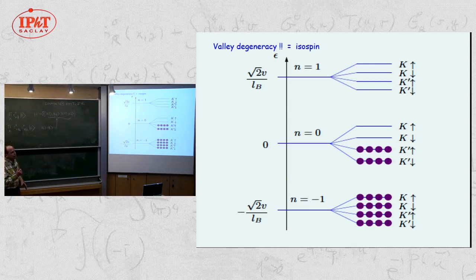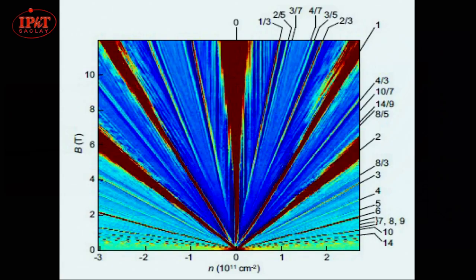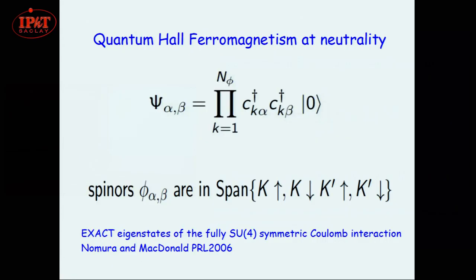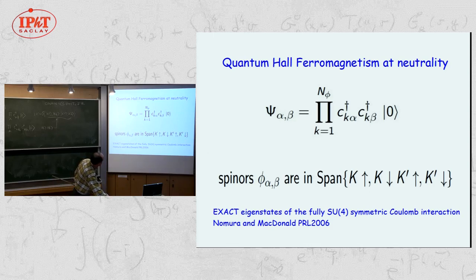In addition to the gaps due to the integer quantum Hall effect from the big gaps, we also see all the gaps predicted by quantum Hall ferromagnetism. So let me show you. So that's the equation for complete filling in the case of nu equals 0. Exactly as in the spin case, these are exact eigenstates if you have SU4 symmetry, which is exact.